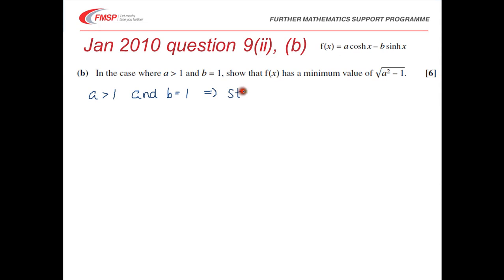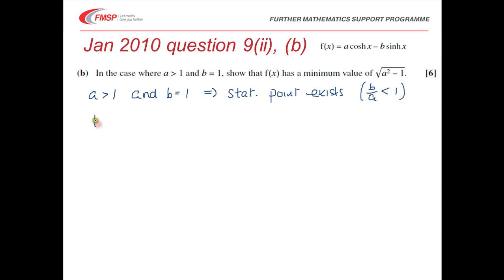So a stationary point will exist in this particular case. It is possible, because of course b over a will be less than 1. So that fits in with our graph.